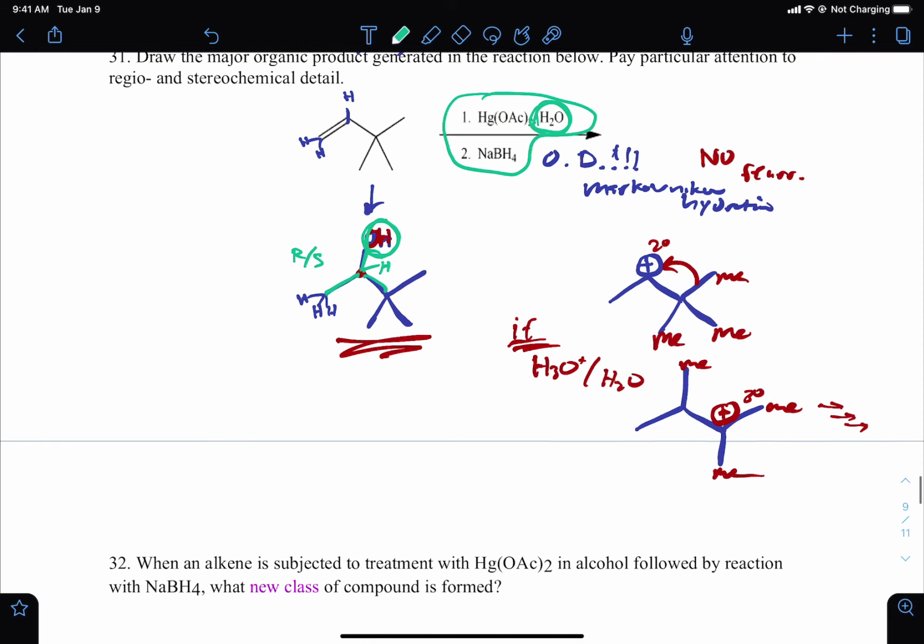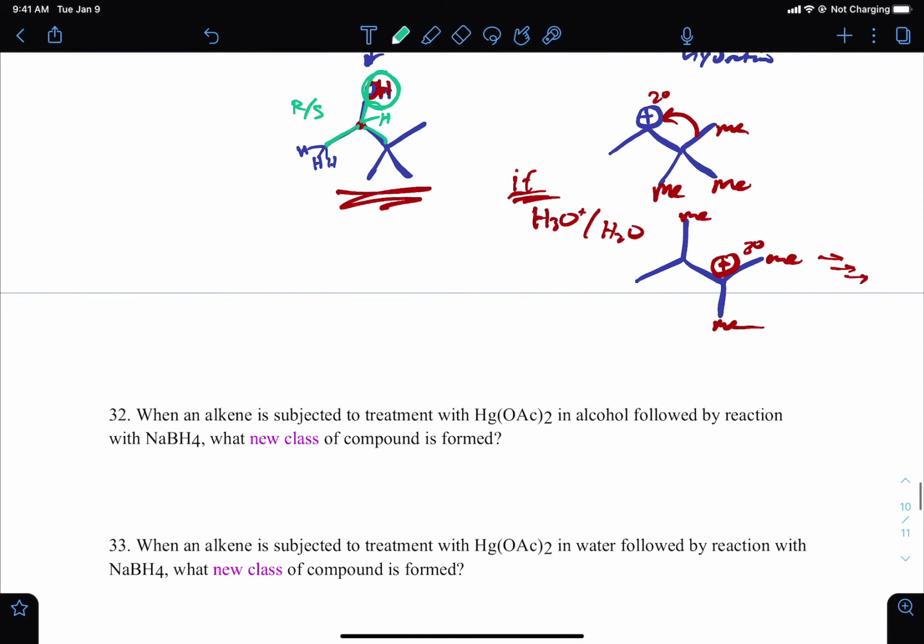There's a modified version of this where you use an alkene with HgOAc2, this diacetyl mercury, followed by, or in alcohol though. Okay, so this is ROH. Okay, not HOH, not water. Okay.